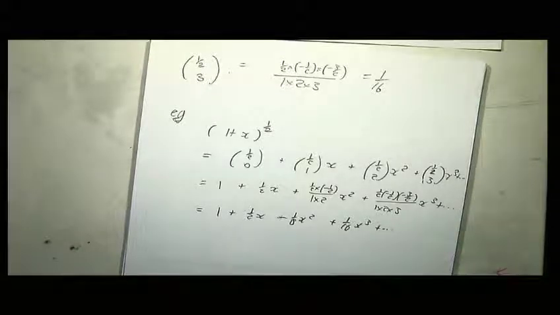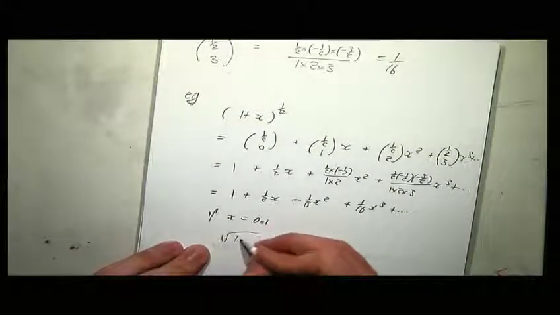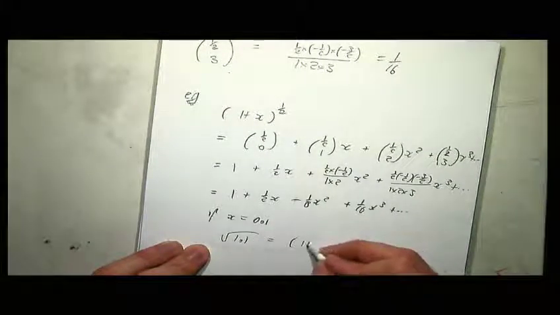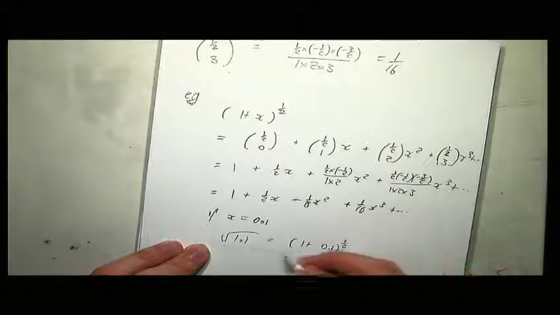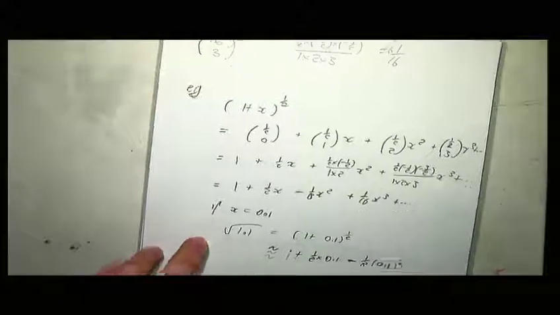So that means that if x is quite close to 0, I can figure out the square root quite accurately, even with just the first 3. So if x was 0.1, for example, then root 1.1, which is 1 plus 0.1 to the half, would be approximately equal to 1 plus a half times 0.1 minus an 1/8 times 0.1 squared. And that approximation would not be too bad.